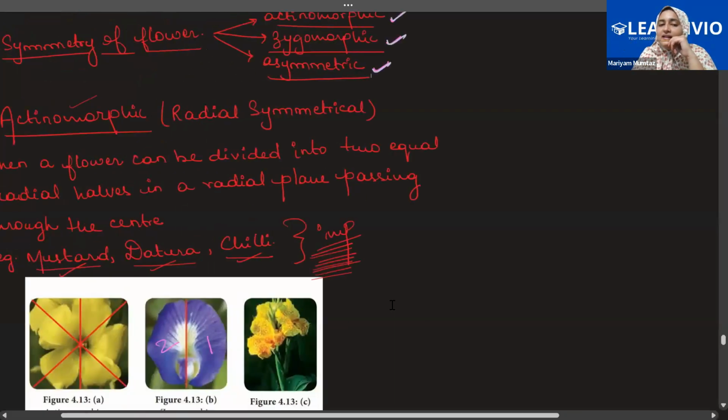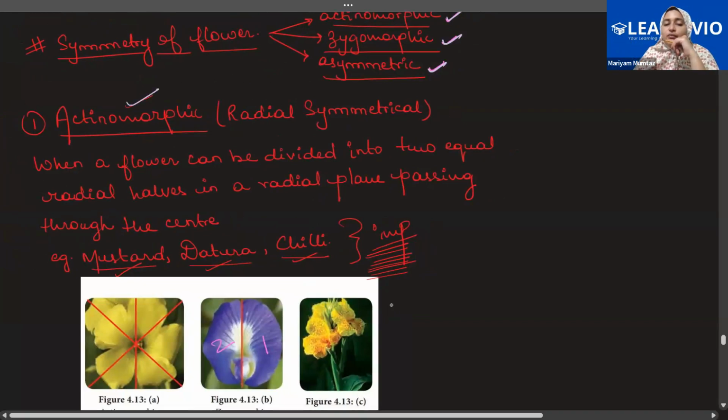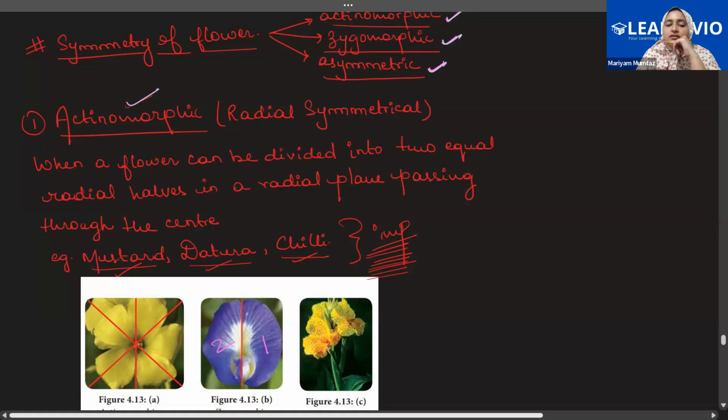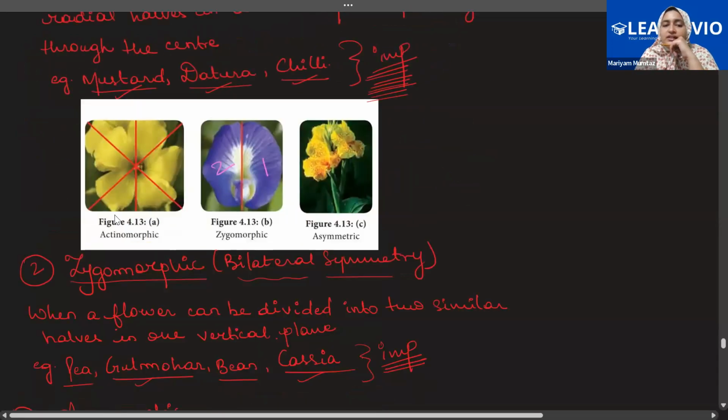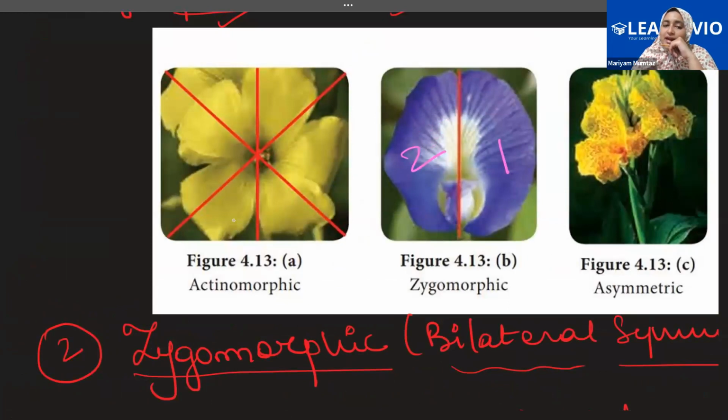So that is radial symmetry, and you can also call it actinomorphic. See the first one. Do you see this picture? You can divide this particular flower from any position, this way, this way, this way, and this way also.